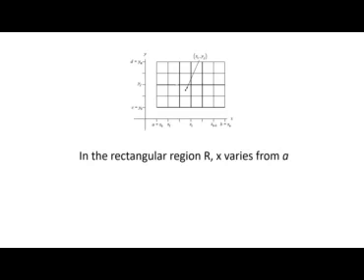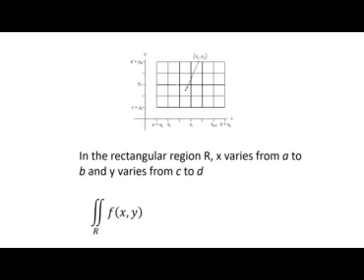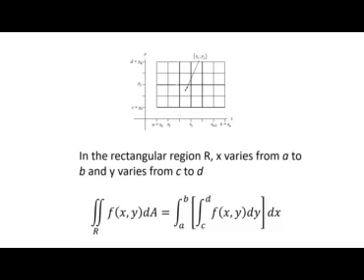Therefore, double integral over the region R of f of x, y into dA is equal to integral a to b integral c to d f of x, y dy dx.